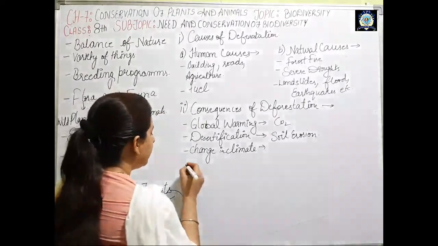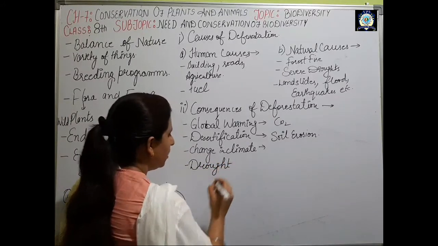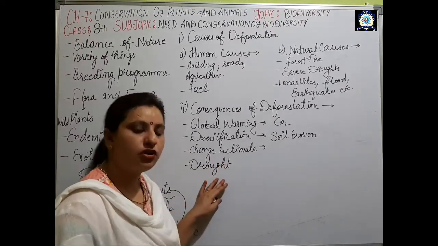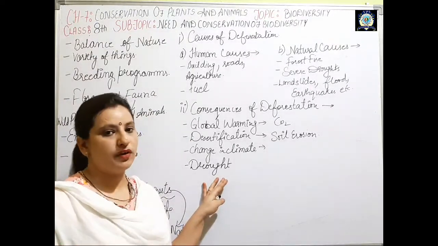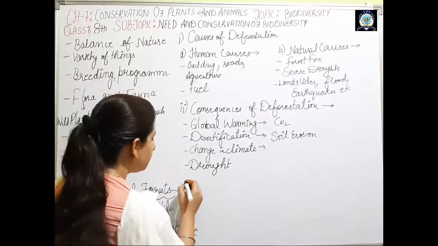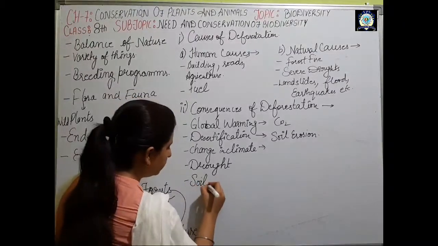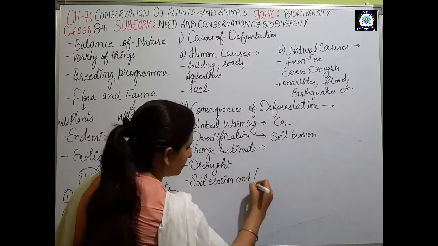Now next is drought. Again, if the water table is lowered into the subsoil, then it will lead to severe drought in some areas. Next point is soil erosion and floods.